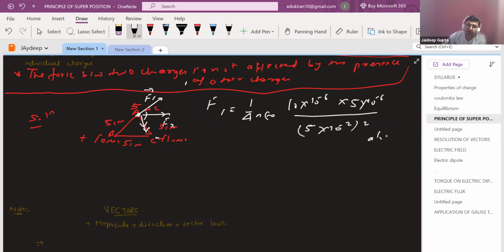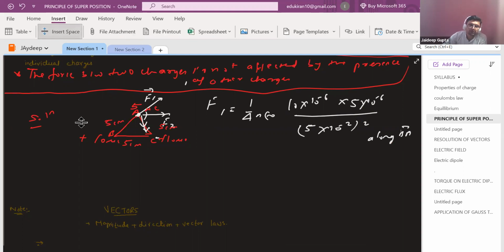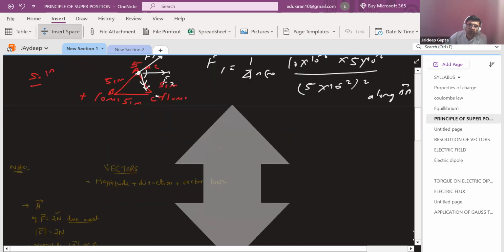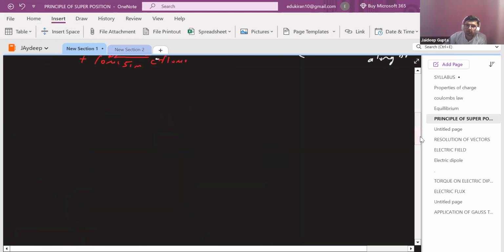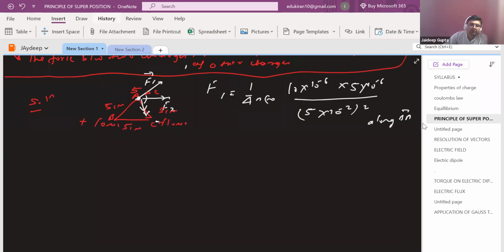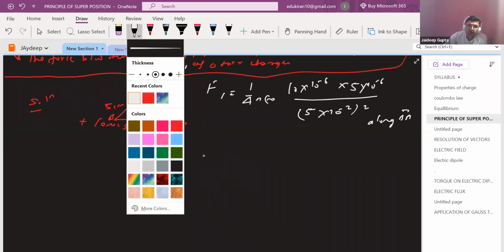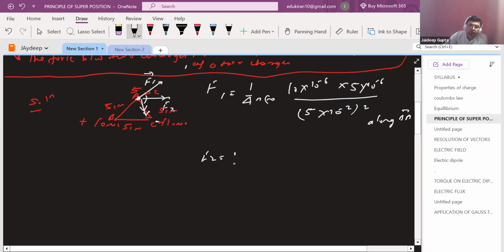And write the direction as well, along BA.